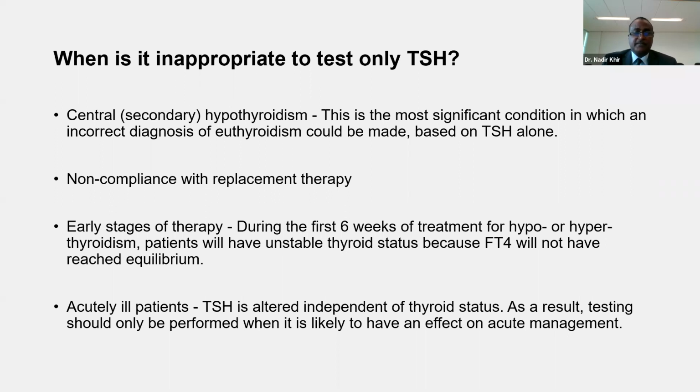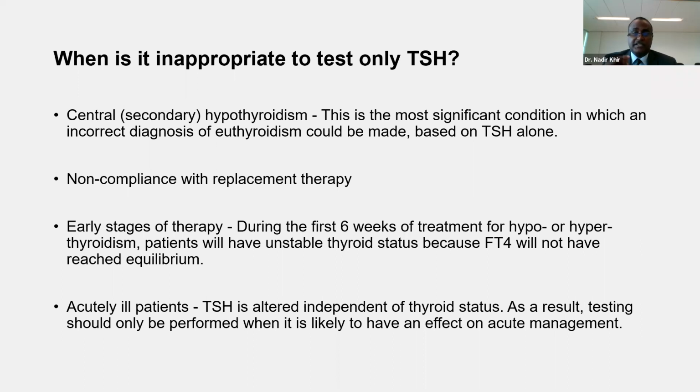And another mistake people make is in acutely ill patients, patients in the ICU, critical care. They have a lot of issues and they get dopamine, heparin, a lot of medications, steroids, and they're not responding well to the management. Some doctors will order TSH, and that's the wrong time to order TSH because the TSH might be affected.